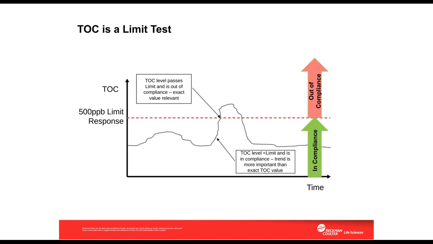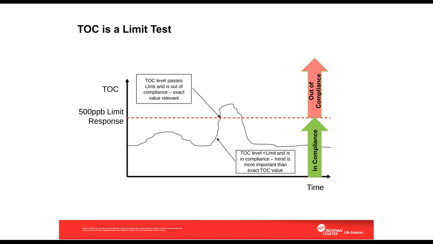So the limit may not be a reported result of 500 ppb of TOC, and users should be aware of this and ensure that the measured TOC levels in their water systems do not exceed the limit reported by their TOC analyzer when analyzing the 500 ppb carbon USP traceable sucrose standard.